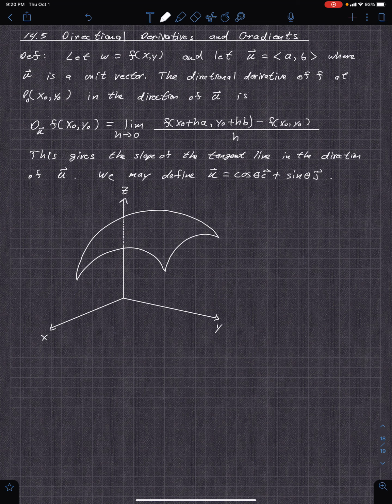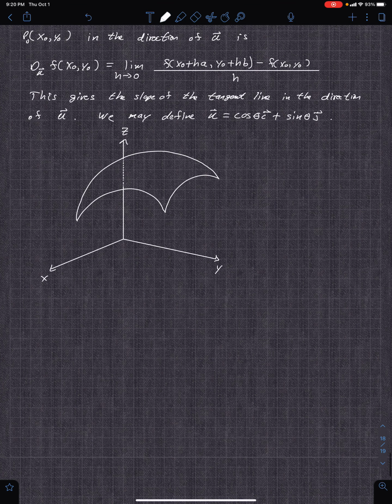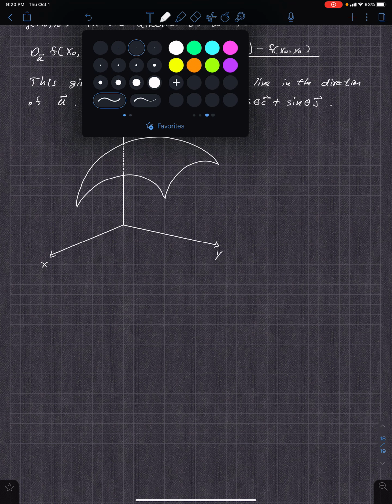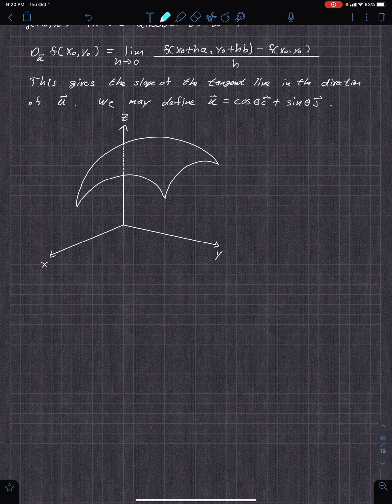Okay. And then what we have is, so that's the limit. So you have some vector u that's, say, pointing maybe like this, and it's a unit vector. So that's my u. And then you would count off, this would be like your x naught, and then this would be your y naught.